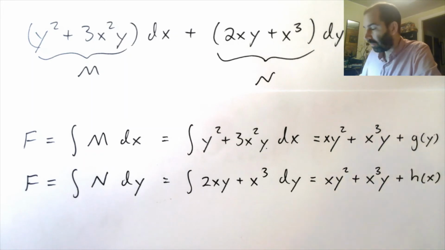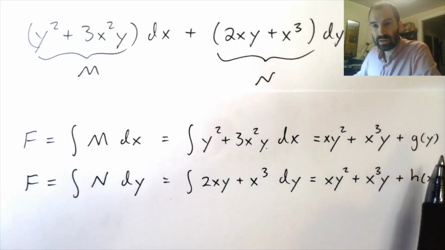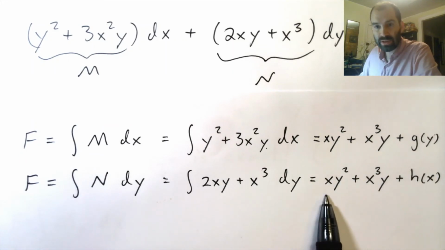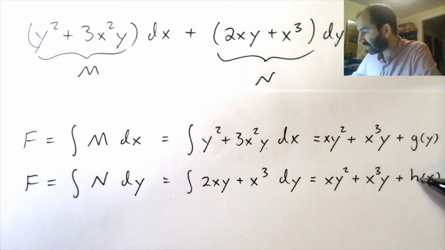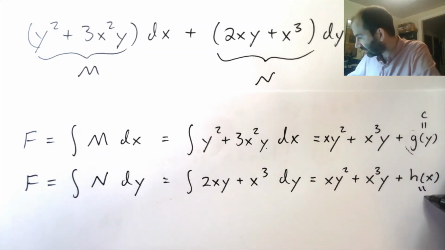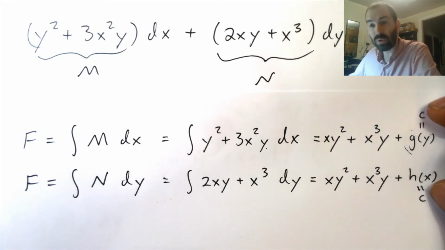Okay? So, here's what we have. On the one hand, f has to be this. On the other hand, f has to be this. Are these compatible? Well, yeah. If g does not depend on y, if it actually is just a constant, c, and h does not depend on x, if it is a constant, say the same constant c, then these are equal.